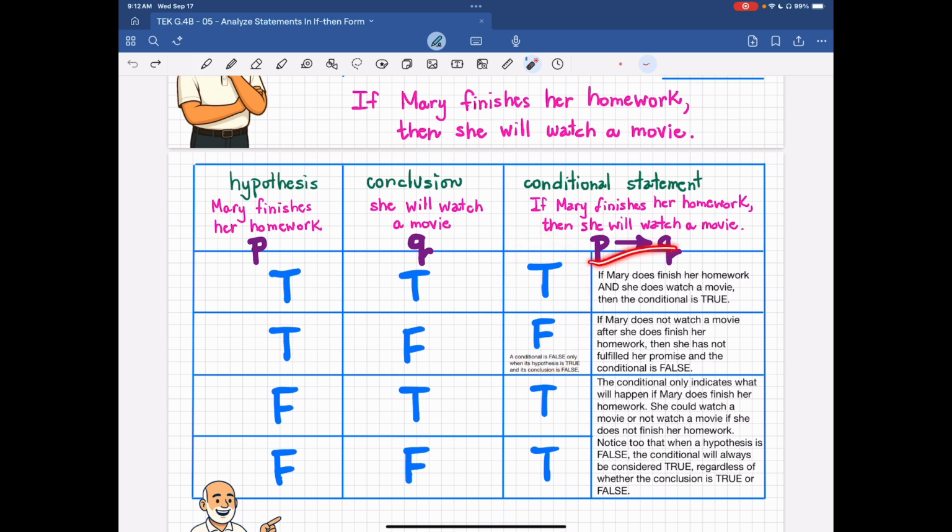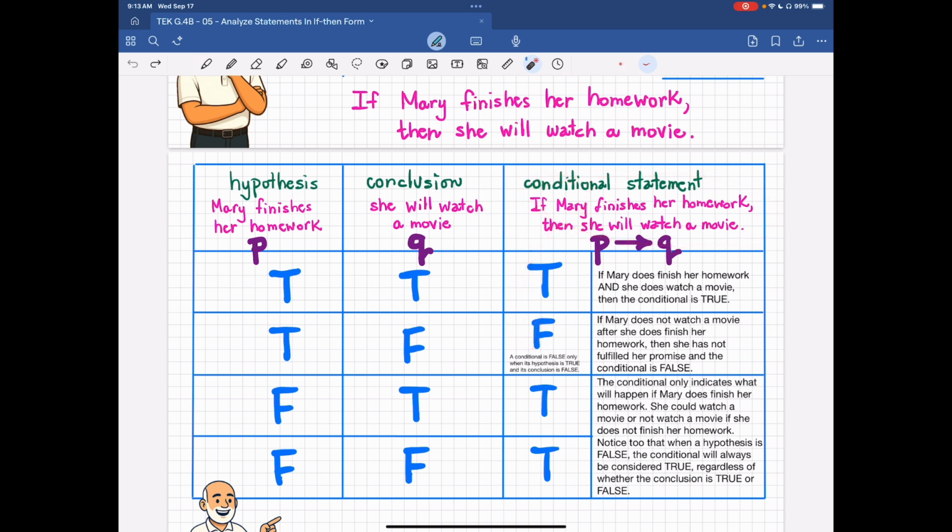So if Mary finishes her homework and watches the movie, of course, the conditional is going to be true. Now, if Mary does not watch a movie after she does her homework, then she has not basically fulfilled her promise. And so this conditional statement becomes false in this situation.